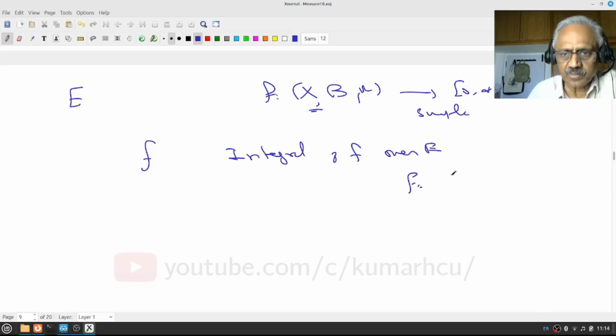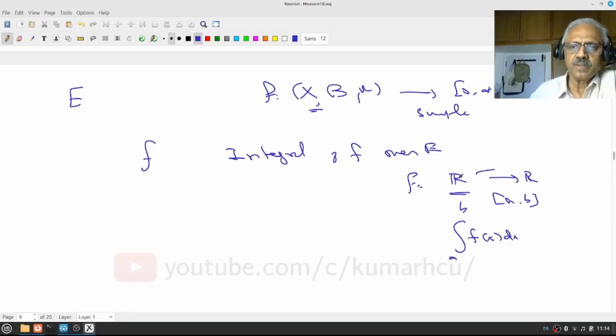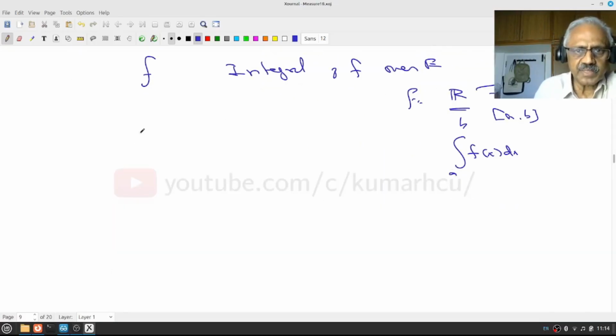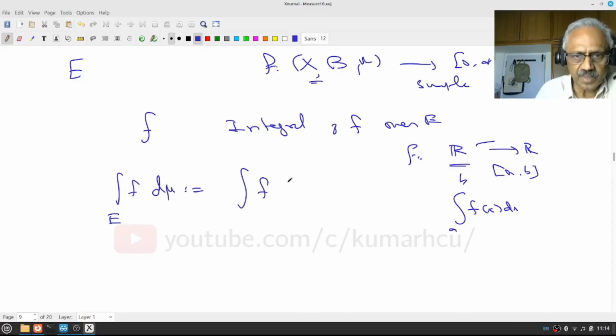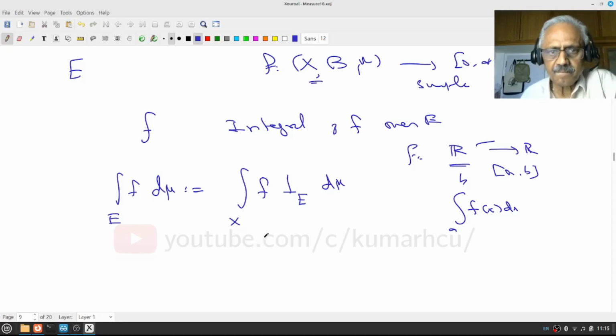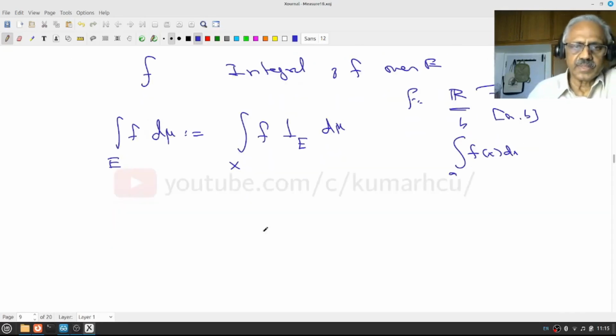It's something like: suppose f is a function from R to R, and suppose I have an interval [a, b], then I can define integral from a to b of f(x) dx, even though the function is originally defined on all of R. Similarly, f may be defined on all of X, but I want to define the integral of f over E dμ. This by definition is the integral of f times the indicator function of E dμ over X. Okay, so what does this mean?